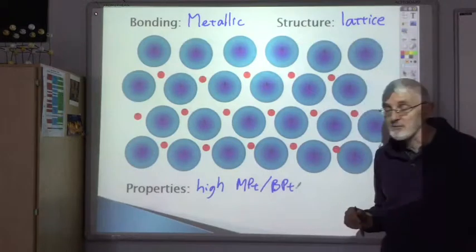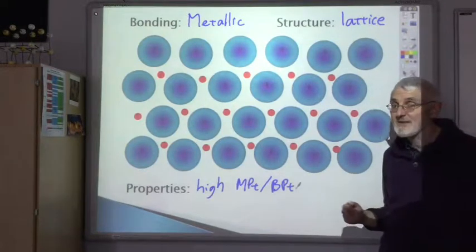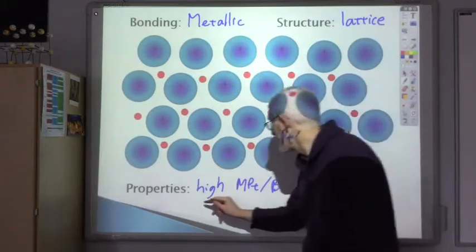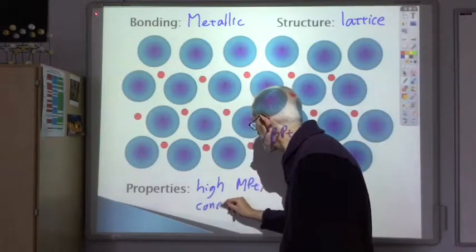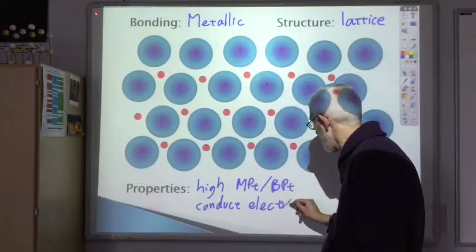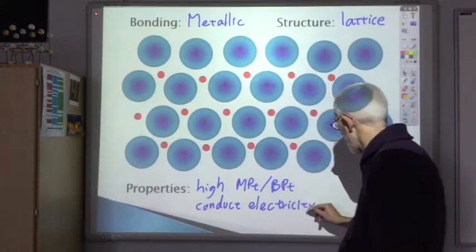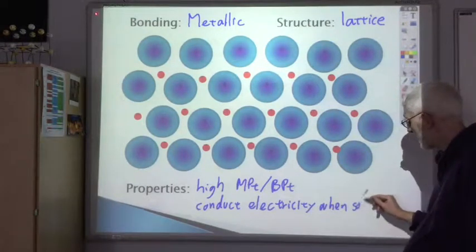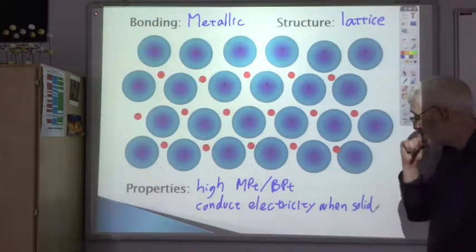The other important property of metal elements is the fact that they conduct electricity even when solid. Nothing else will, apart from graphite, which we'll talk about later on.